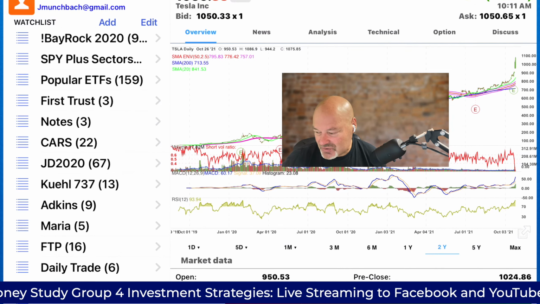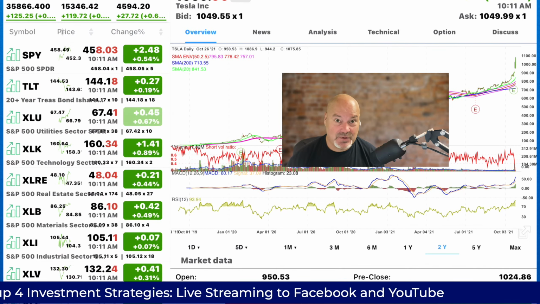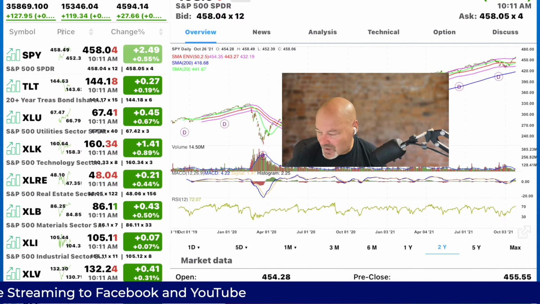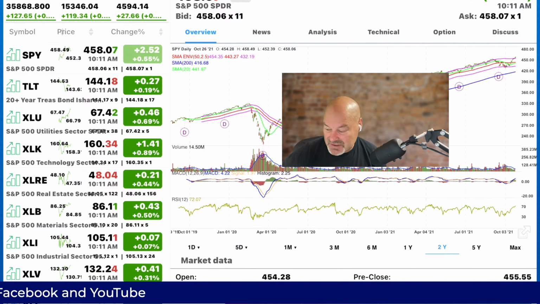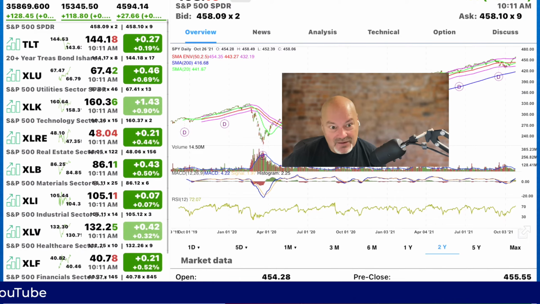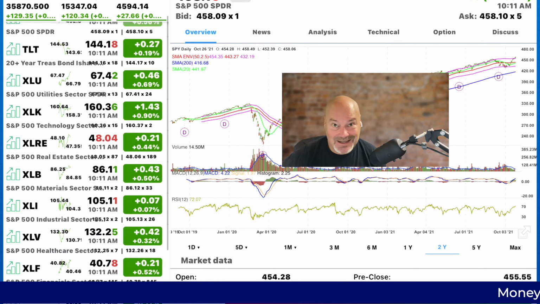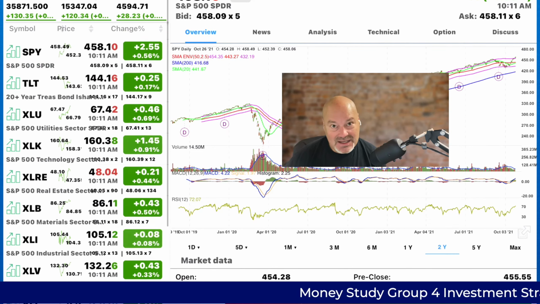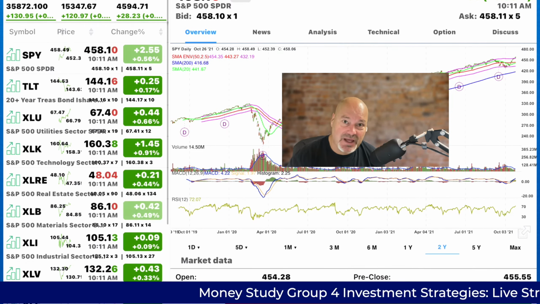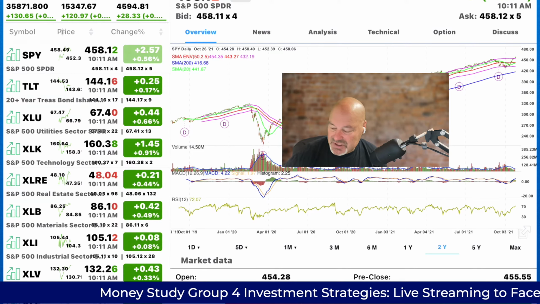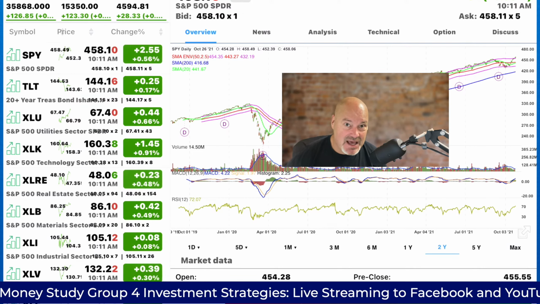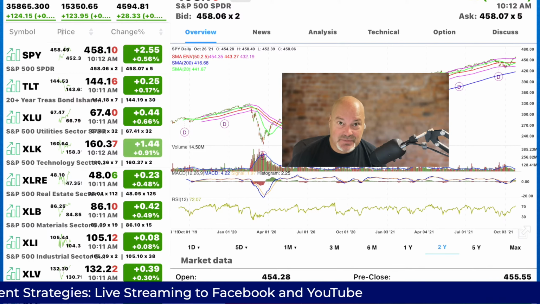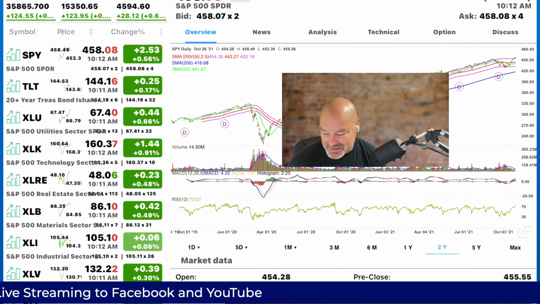So I'm going to show you my favorite investment of all time. It's called SPY. So when we go to SPY, what we're looking at, if you can see my screen, we've got on the left all of these different tickers. Each of these tickers, each of these ETFs, exchange traded funds, are different investments, and they're different asset classes.